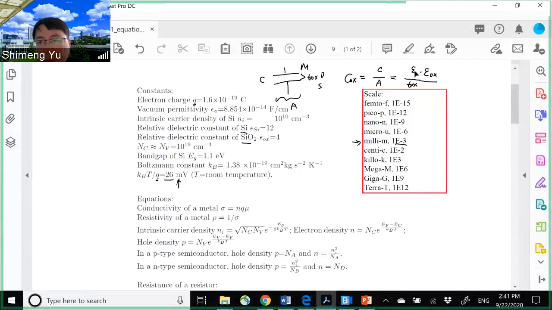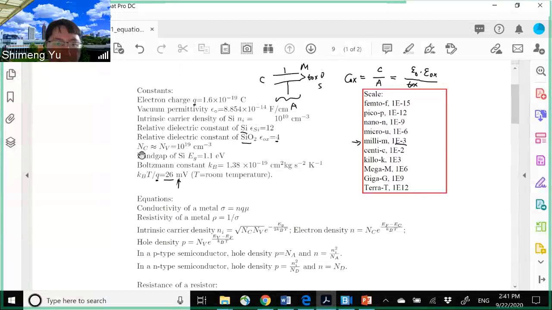So epsilon 0 is for the vacuum, and all the materials are normalized to the vacuum permittivity by this relative constant. For silicon dioxide, it's 4 here, so it's 4 times the permittivity in the vacuum. You need to use that to calculate the COX for the MOS cap.